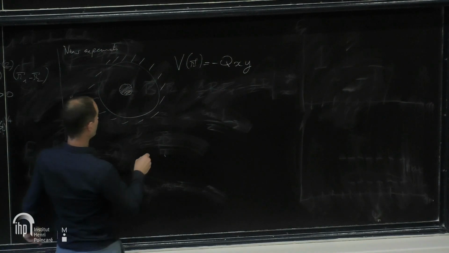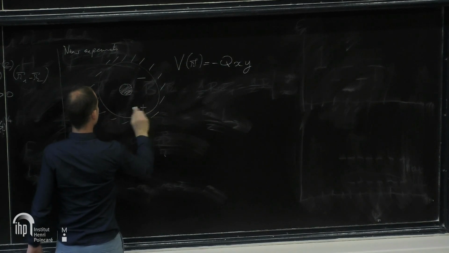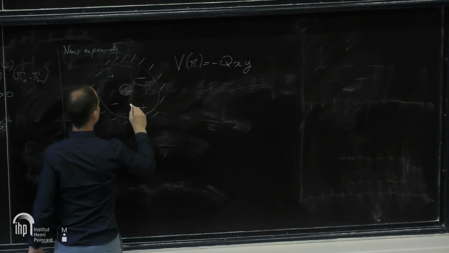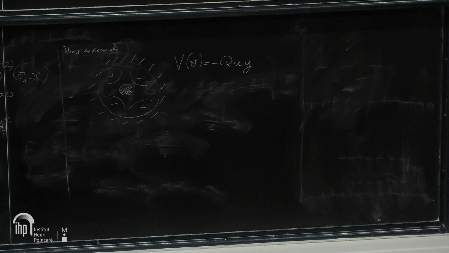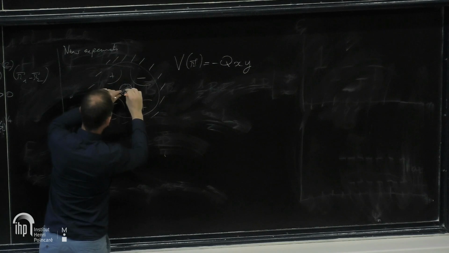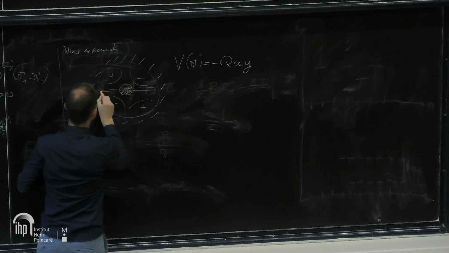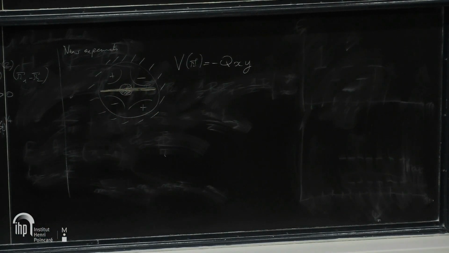So if I plot here the values of the potential like this, the equipotential lines are like this. And what it leads to in practice is a compression along the y direction in my graph and an elongation in the x direction. So eventually, they could measure a very elongated trap.